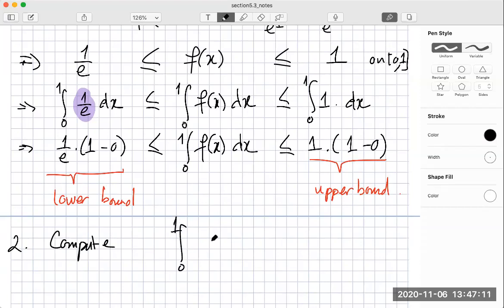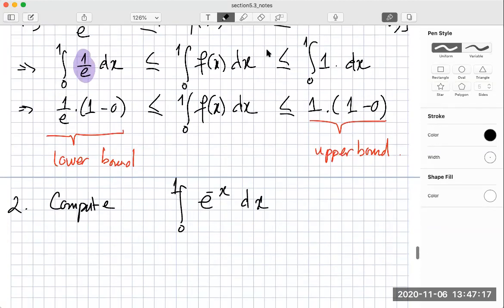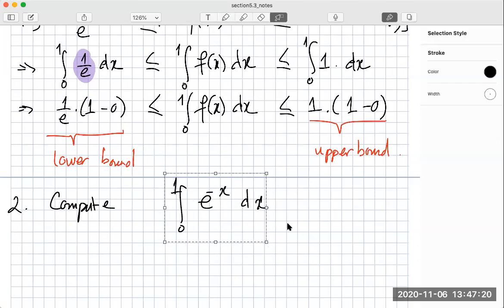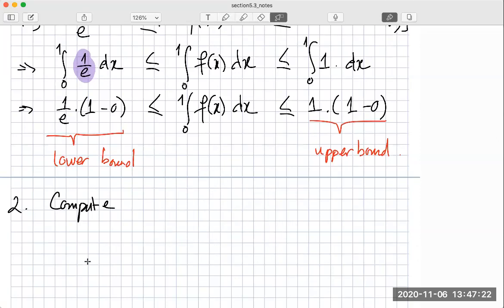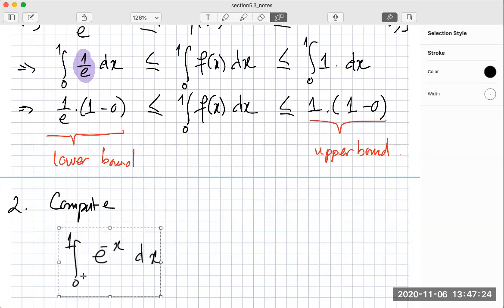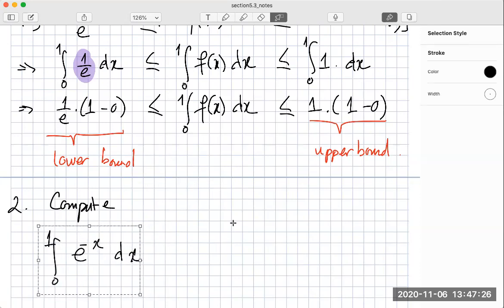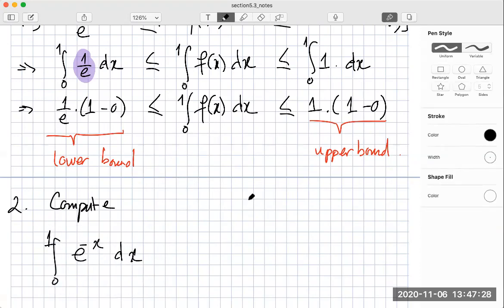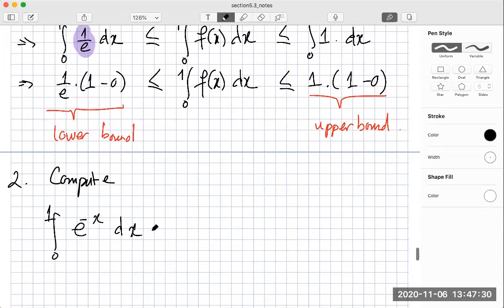Compute the integral from 0 to 1 of e to the negative x dx. Okay, in order to find this integral, what do we need to do? Very good.